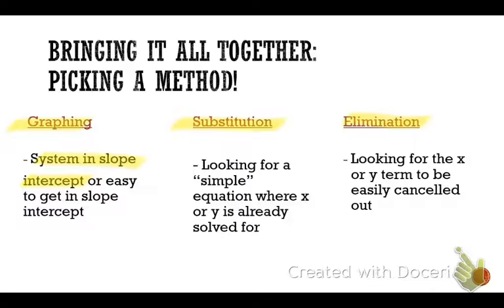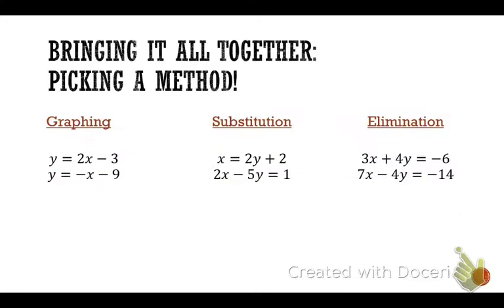Okay? Substitution could be my method of choice if it's a simple equation where x or y is already solved for. It's already by itself. Elimination could be a good method to use if x or y is easily canceled out.